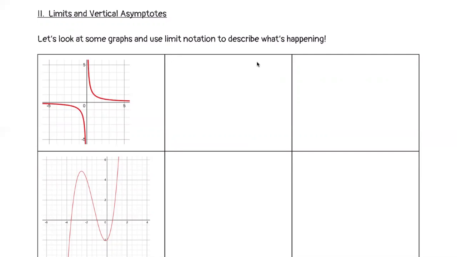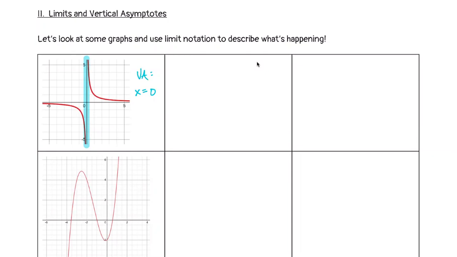I'm going to ask you to be more specific. Ah, there we go. So at x equals 0, there is a vertical asymptote. So I'm going to highlight that right here. And we can say that we have a vertical asymptote at x equals 0.